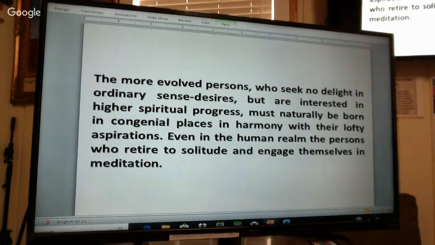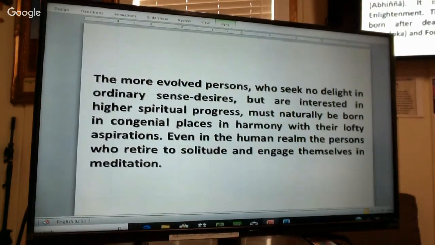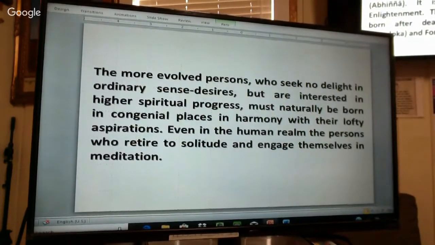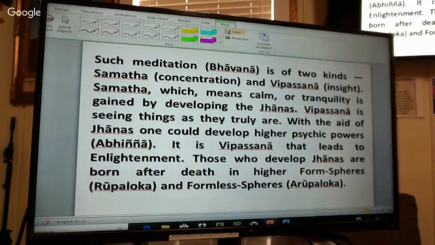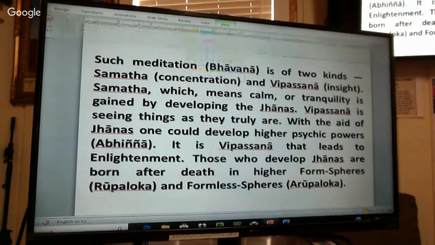Okay, before we practice meditation, we need to understand there are two kinds of meditation. Bhavana, we call it in Pali. Maybe you already know samatha. Samatha means concentration, and vipassana means insight, especially wisdom; it is practice for wisdom.